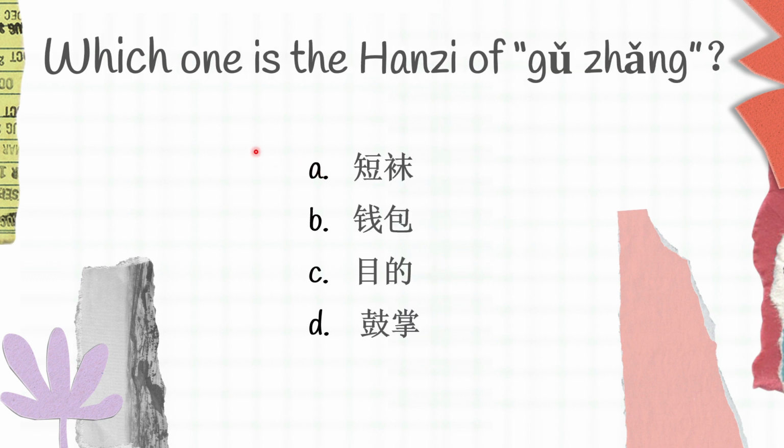And the last question for today. Which one is the Hanzi of 鼓掌? Which one do you think is the right one? It's okay if you guys cannot remember. You can try to guess.